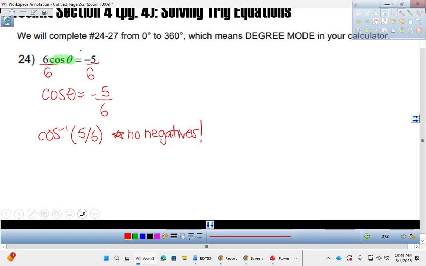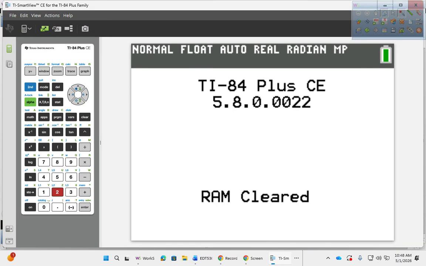All right, so when you are taking the inverse of a trig function, what goes inside the parentheses should never include a negative. Because when you're taking the inverse of a trig function, you're taking the inverse of side lengths. Side lengths can't be negative. All right, so when I put this in my calculator, I'm going to do the cosine inverse of 5/6. That's going to give me what theta is. You got to make sure that when you do this, you are in degree mode in your calculator.